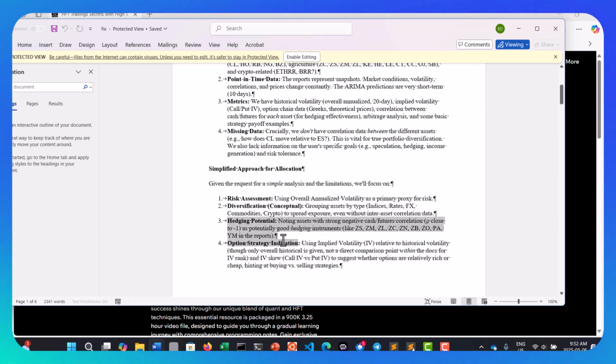So here, continuing along, we're measuring hedging potential. Again, to showcase potential strong negative cash future correlation, along with potentially some good hedging prospects, such as these. Plus, we can look at options because our reports have those built in for the bearish, neutral, bullish.